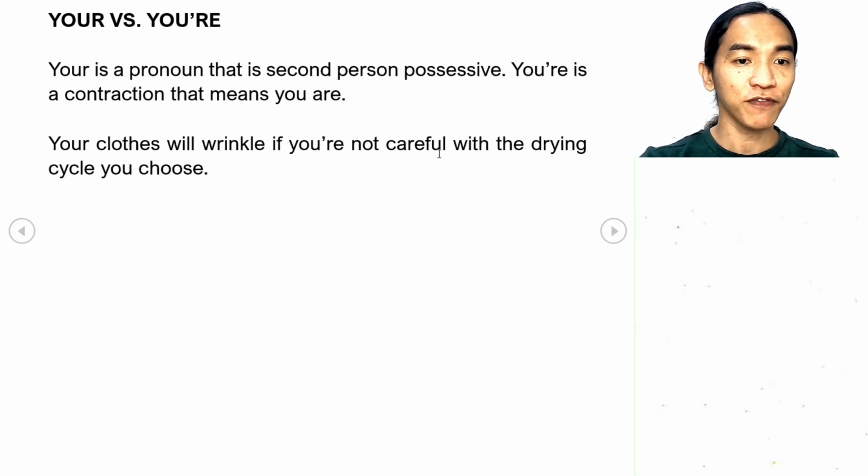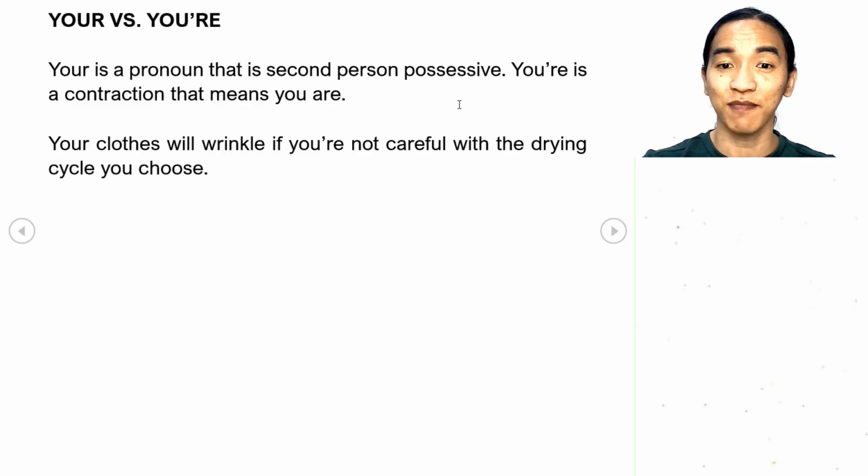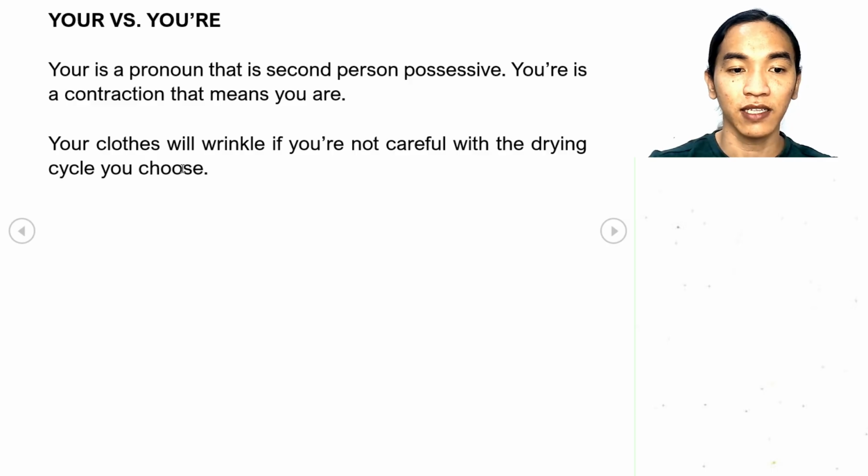Moving forward, we have your and you're. Your is a pronoun that is second person possessive. It's a possessive pronoun. You're is a contraction that means you are. For example, your clothes will wrinkle if you're not careful with the drying cycle you choose.